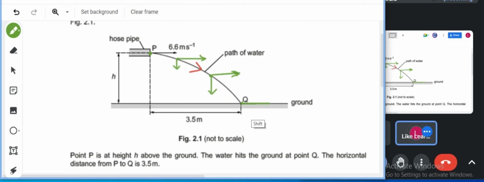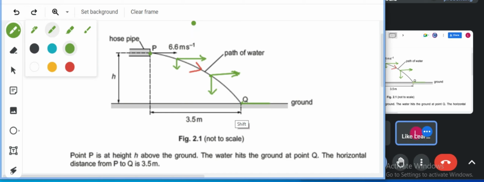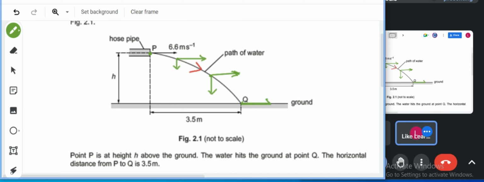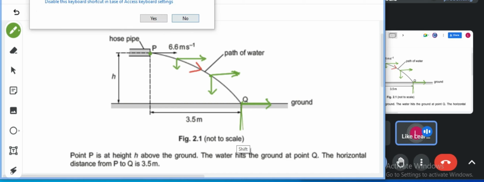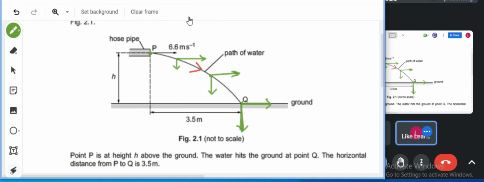Let me trace this and make it bigger. Now the vertical component has got to the maximum. See what I'm writing here, you may need it for the subsequent work. You will notice that the horizontal component is all the same: 6.6 meters per second, all through. It didn't change.